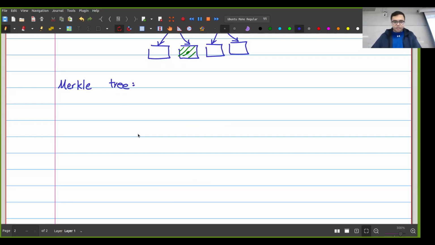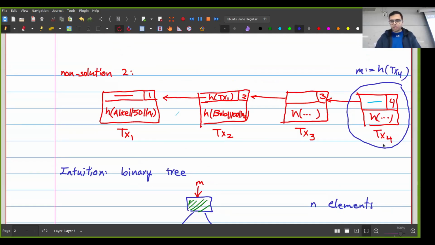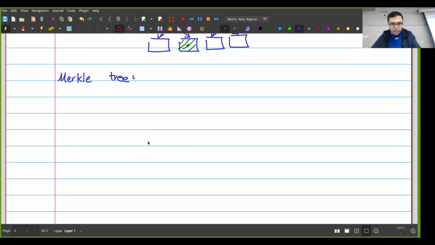Now, here's how this works. Let's say that I have a bunch of transactions, transaction 1 to transaction 4. In my transactions, I'm just going to put the personal data, let's show it with D. So I have D1, D2, D3, and D4. D1 is the personal data of Alice.